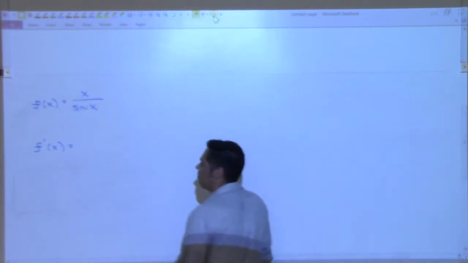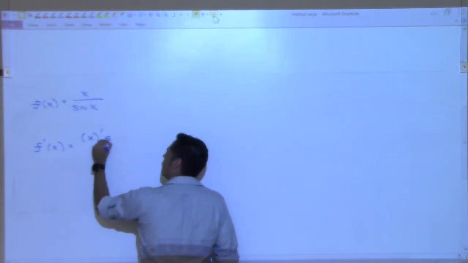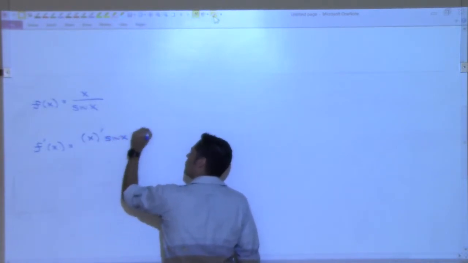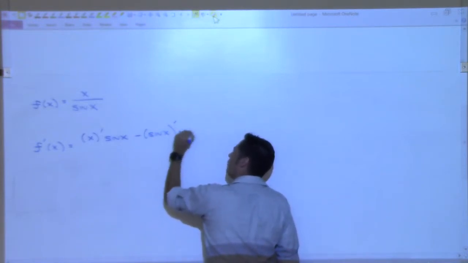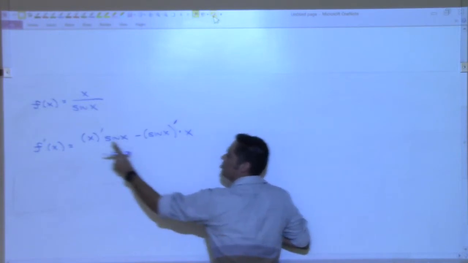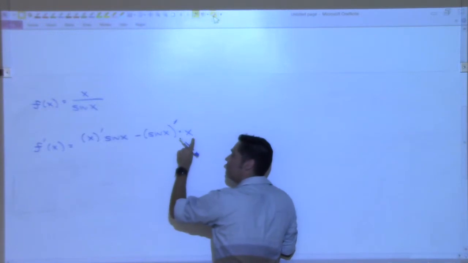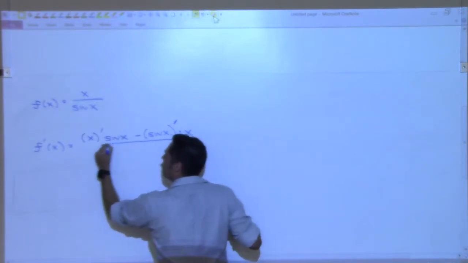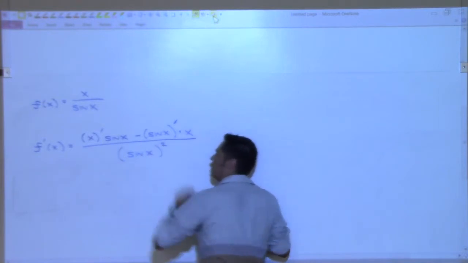So I'm going to go derivative of the top times the bottom minus the derivative of the bottom times the top. I almost forgot to put my derivative on this when I said that. So derivative of the top times the bottom minus derivative of the bottom times the top all over the bottom, sine x, that thing squared.